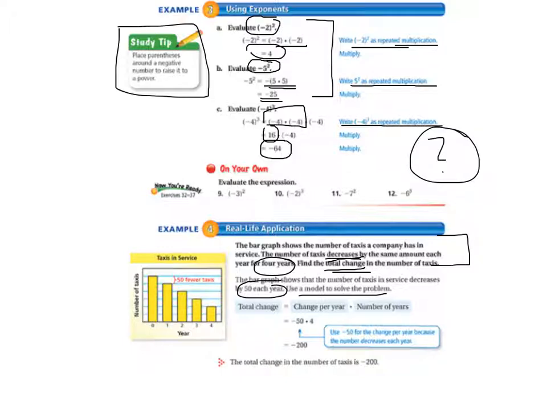So since it's decreasing, we use a negative number, and it's decreasing by 50 each year, and we're looking at 4 years. So it's negative 50 times 4. So 50 times 4 equals 200, and a negative times a positive equals a negative. So our total change in the number of taxis is negative 200.